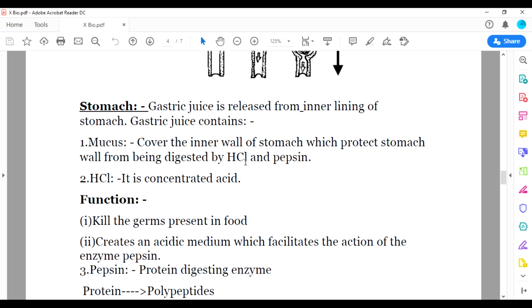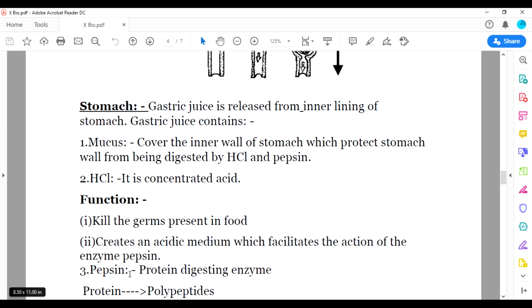Why is it required? Because the HCl released in the stomach is a concentrated acid. Its pH is 2.2. It's a very strong and concentrated acid. If mucus is not there, HCl can digest the wall of the stomach.